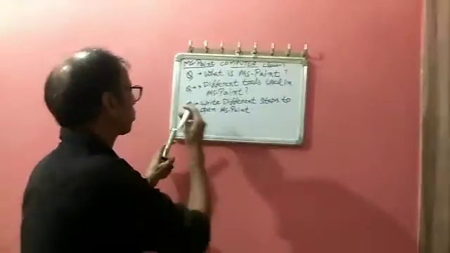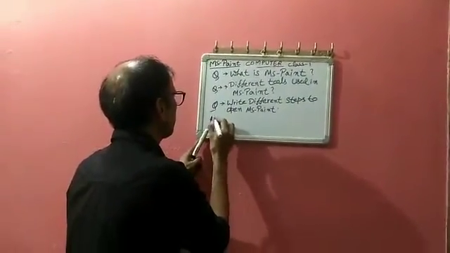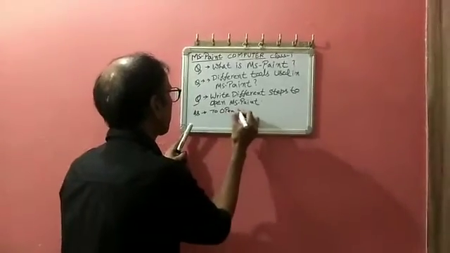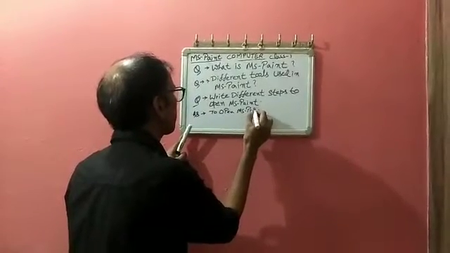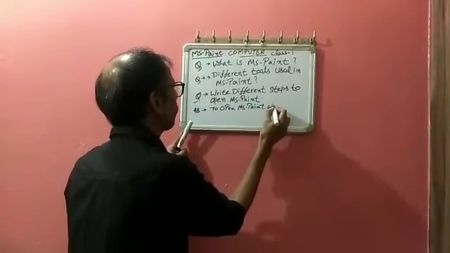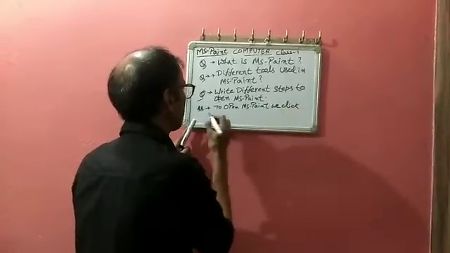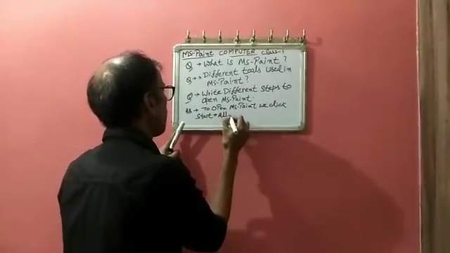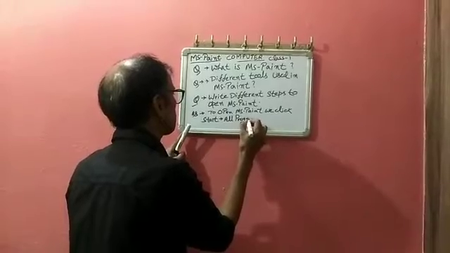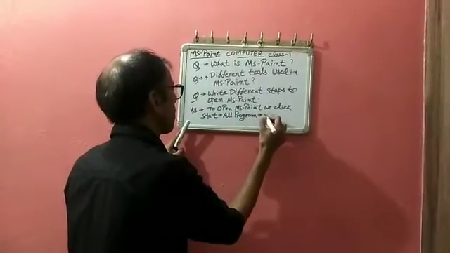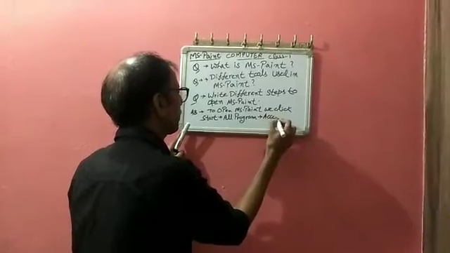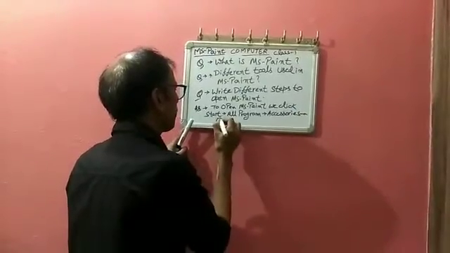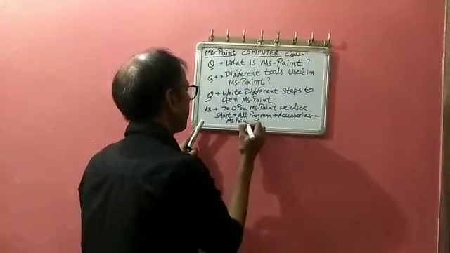So you can give the different steps to open MS Paint. I am discussing this question. The answer will be: to open MS Paint, we click start, all programs, accessories, then MS Paint.